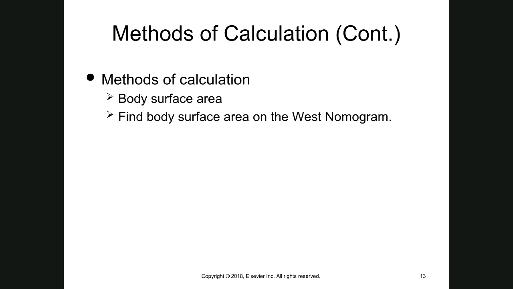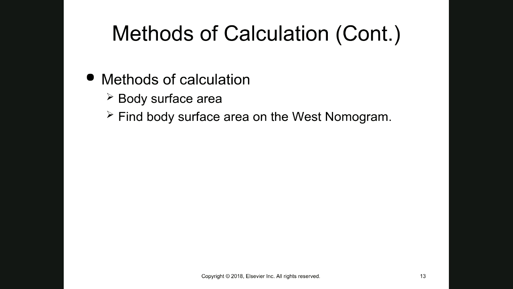Now, the measurement of the body surface, the most precise method for calculating the drug dosages, you can measure it using the West nomogram or the square root method. The West nomogram is measured with the squares, and it's determined with the patient's height and weight.